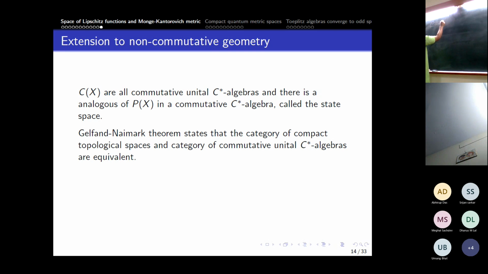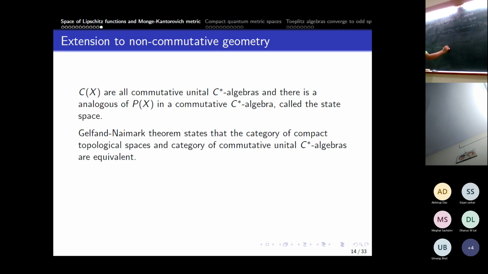So if C is the category of compact topological spaces, and A is the category of commutative C star algebras, then Gelfand and Naimark proved that these two are equivalent.